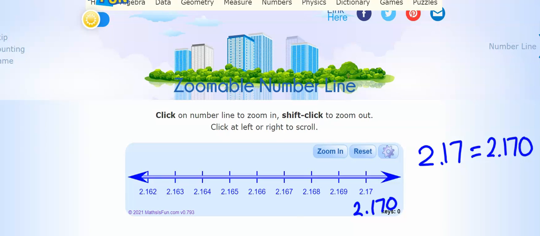So let's find a number on the number line. Can you help me find this number?